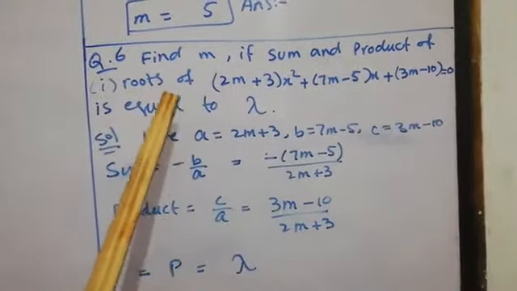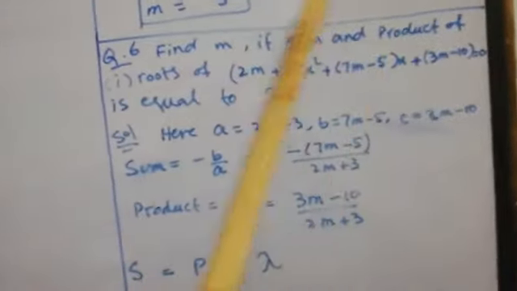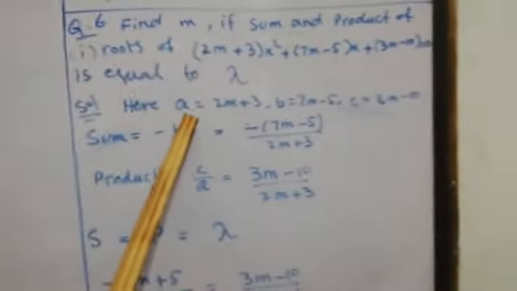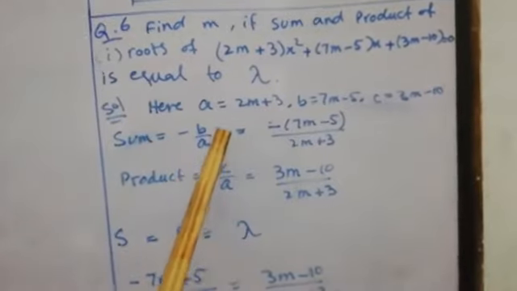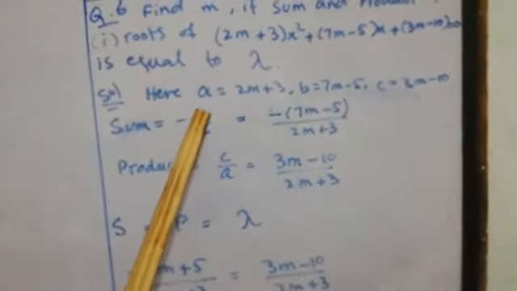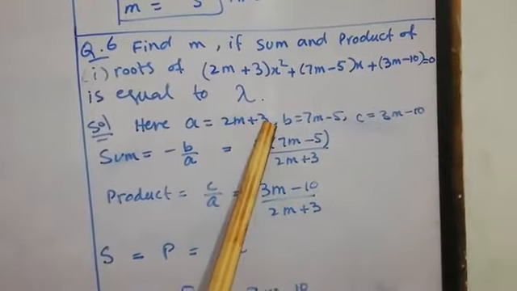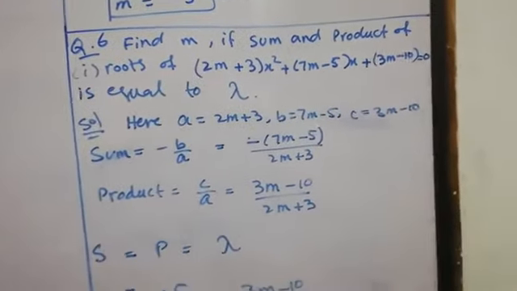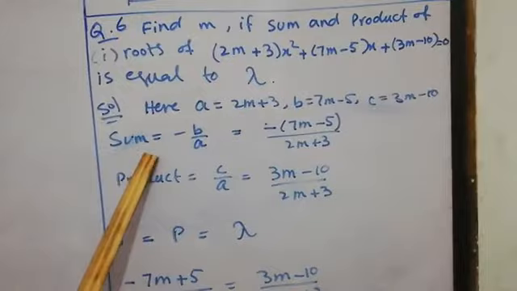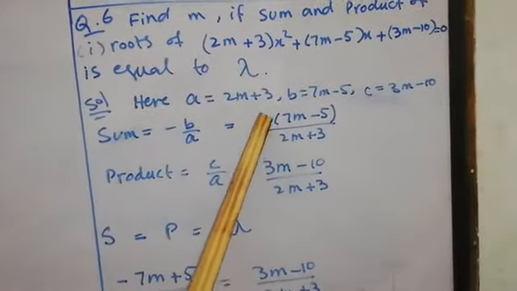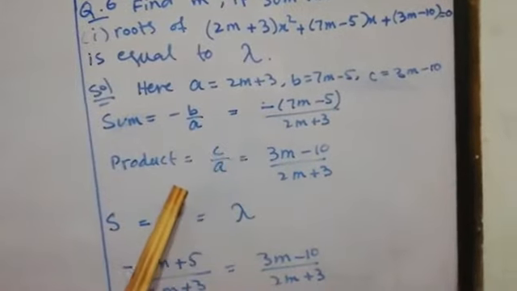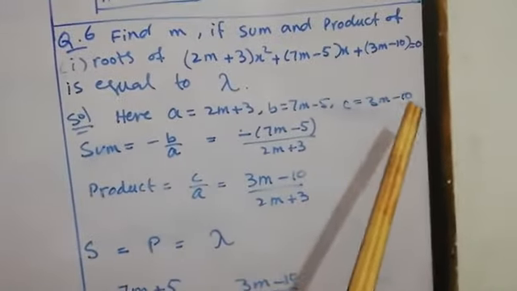According to this condition, the sum and the product of this equation are equal to lambda. First we will find the sum of roots. Here a is 2m plus 3, b equals 7m minus 5, c equals 3m minus 10. So the sum is minus b by a, meaning minus 7m minus 5 by 2m plus 3. And the product is c by a, 3m minus 10 by 2m plus 3.